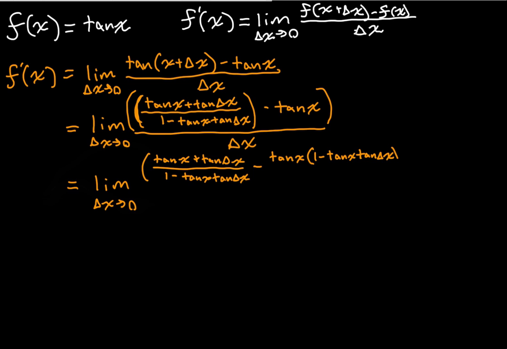This is already getting pretty ugly. Over 1 minus tangent of x tangent of delta x. And then all of that is still being divided by delta x.